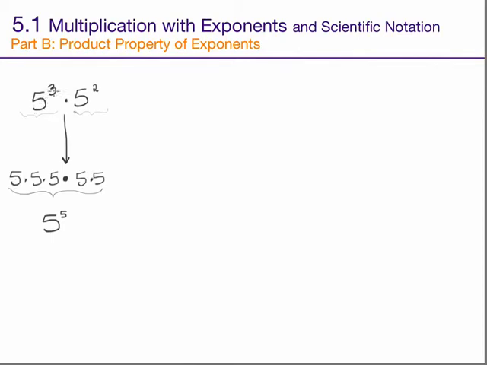Since I'm taking these 3 copies and these 2 copies, and everything is multiplication, what ends up happening is that I can add my exponents. I'm adding this many copies to this many copies, but I'm multiplying all my copies.